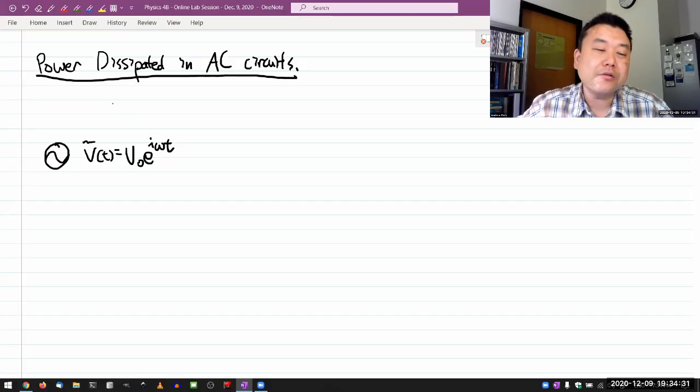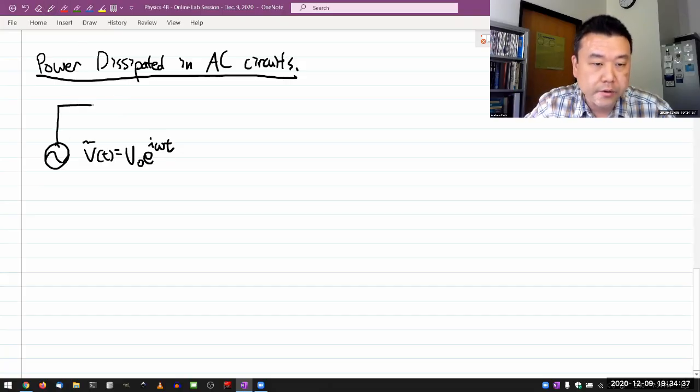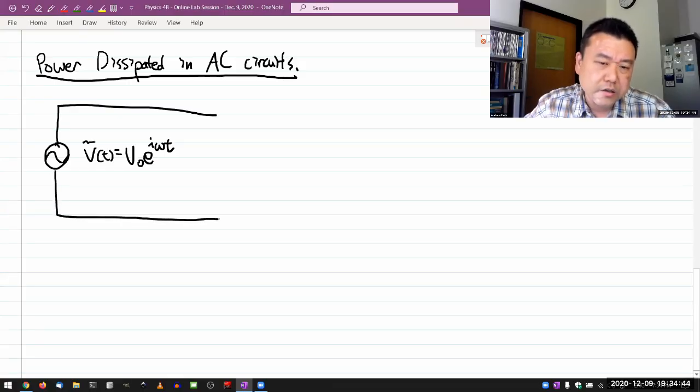I want to try to keep it simple. So in an effort to keep it simple, I'm going to have a single component. And here, let me have a very unrealistic single component, which is a single inductor. It's not quite realistic to have. I think this was covered in one of your conceptual questions.